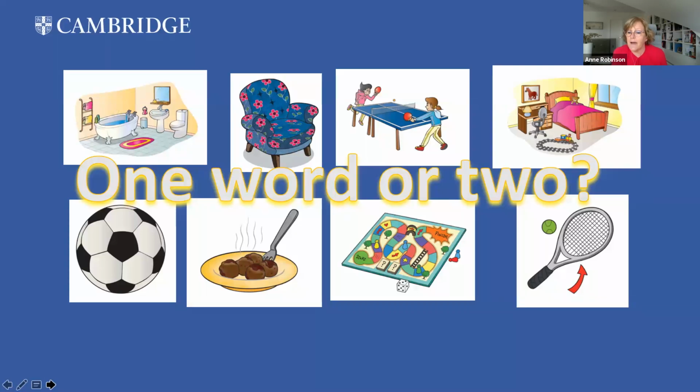Yes, so Terry, bathroom is 1 word, football is 1 word, meatballs is 1 word, armchair is 1 word, Anna, yes? Okay, and which of the words do we write as 2 words?